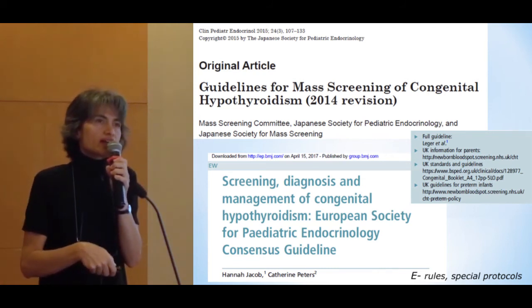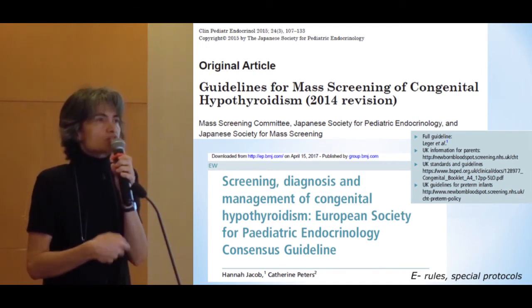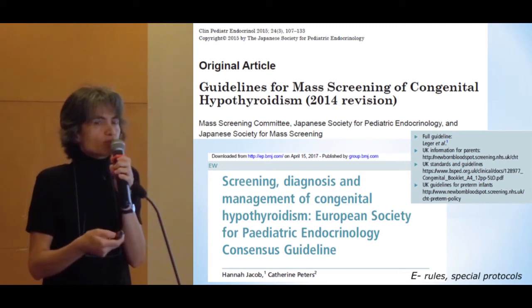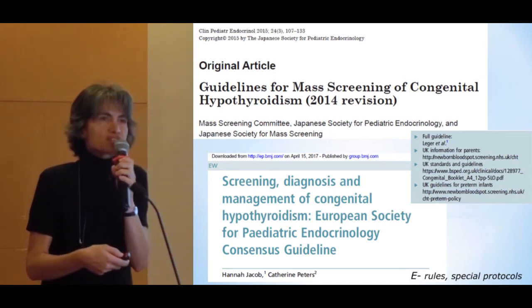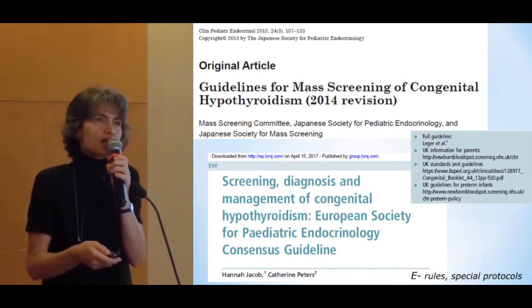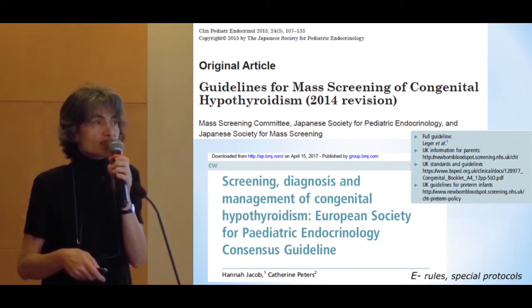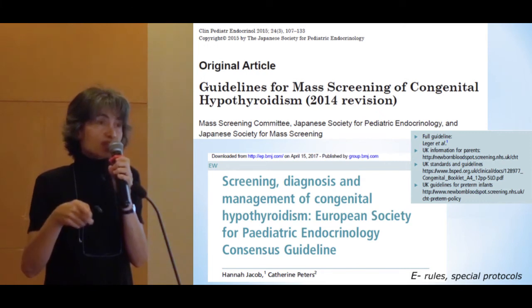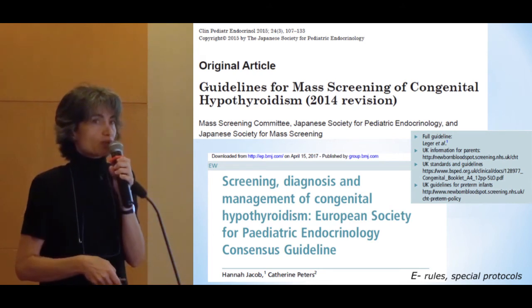And there are several guidelines that tell you how to proceed in these cases. But to make things simple, you have to collect another sample from those babies at least 2 weeks after birth, okay? So it may happen that preterm babies show a negative result at birth, but then at 2 weeks of age, you find a very high TSH because the feedback needed more time to mature and to respond to a hypothyroidism condition, okay?